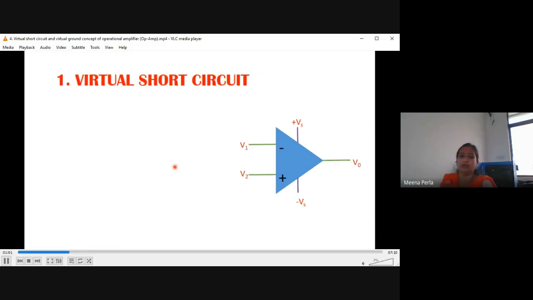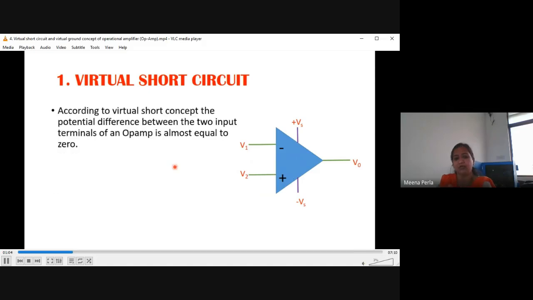So the concept is virtual short circuit. There are two statements. First, according to this concept, the potential difference between the two input terminals of the op-amp is almost equal to zero. If we take the voltage at the inverting terminal as V1 and at the non-inverting terminal as V2, the potential difference is V2 minus V1.